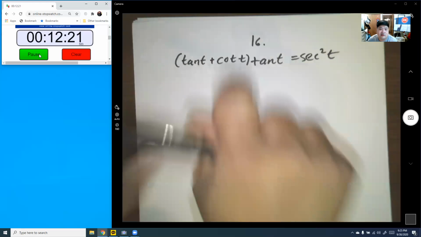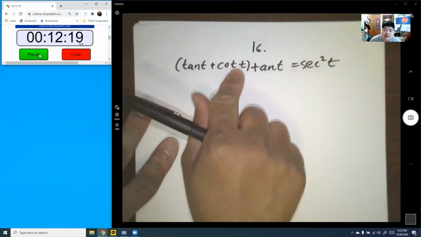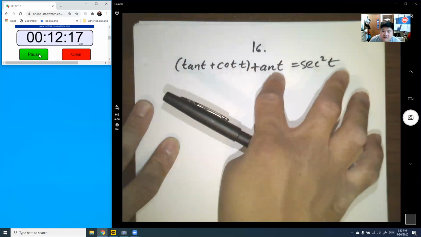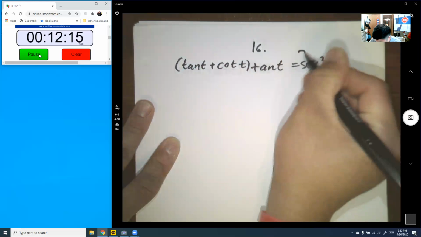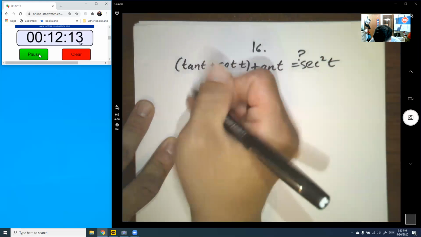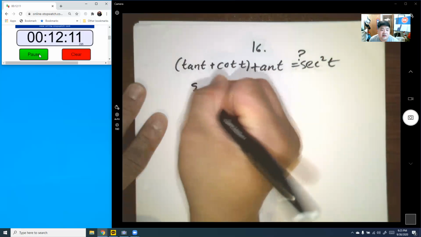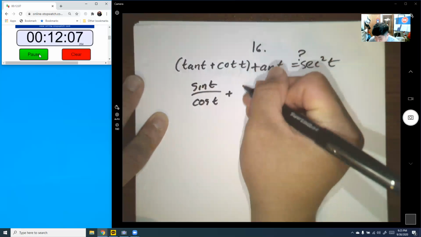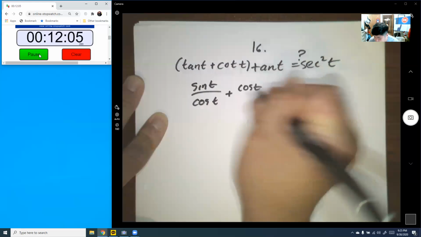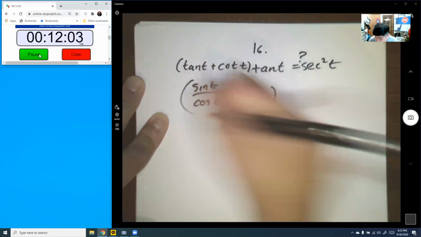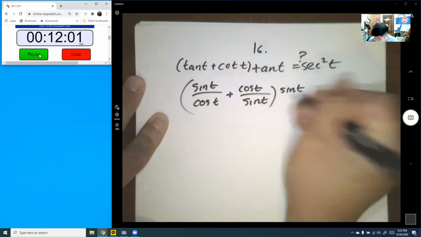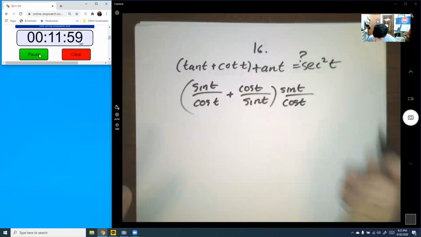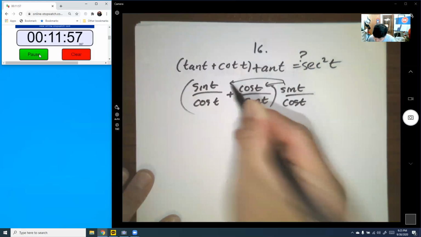Let's try another one. Tangent t plus cotangent t, that quantity times tangent t, does that equal secant squared t? Tangent t is sine of t over cosine of t, cotangent t is cosine of t over sine of t, and then tangent t is sine of t over cosine of t. Then I distribute.